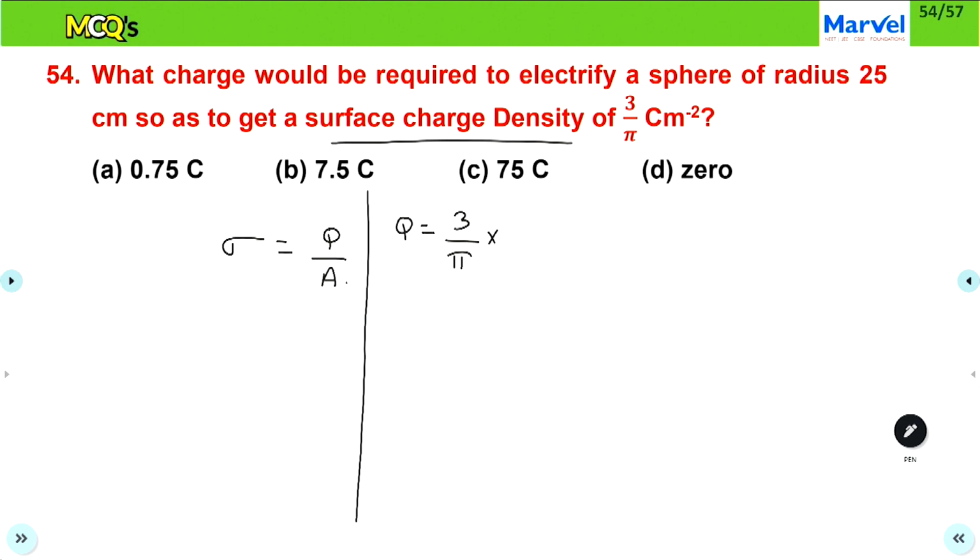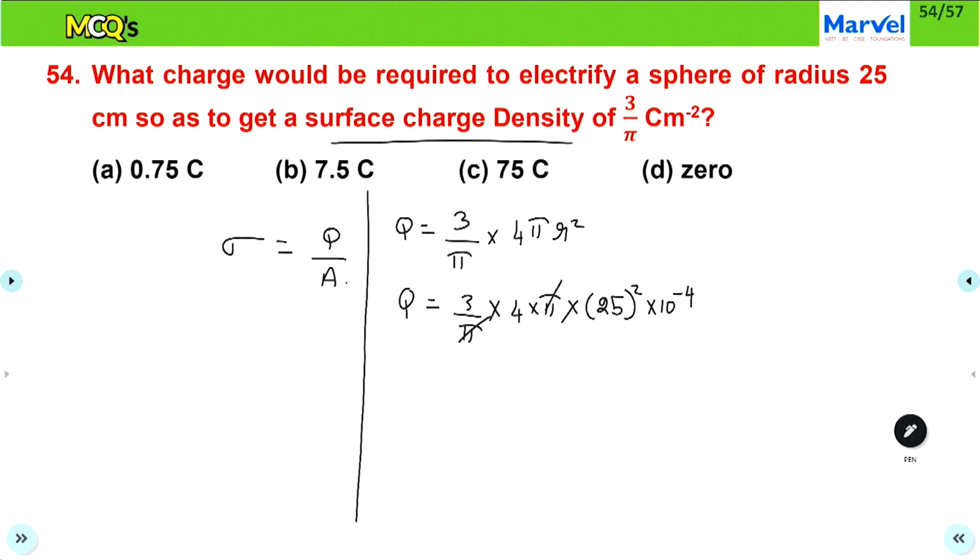A is nothing but the area of the sphere. It is 4 into pi into r squared. Q is equal to 3 by pi into 4 into pi into r squared, where r is nothing but the radius. It is 25 squared into 10 power minus 4.